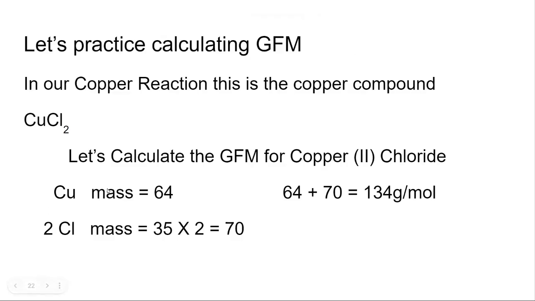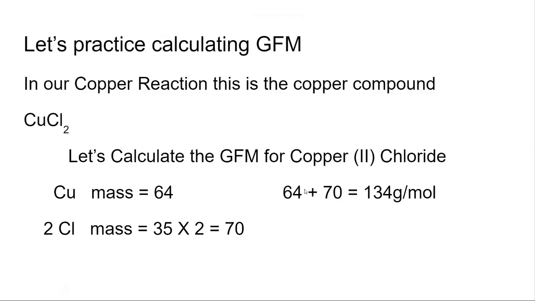So I take 1 copper atom because that's what the formula says I have, and that's 64 grams per mole. And I have 2 chlorine atoms. Each of those chlorine atoms is 35 grams per mole. I have 2 of them. So in total, all the chlorine in this compound has a mass of 70 grams per mole.